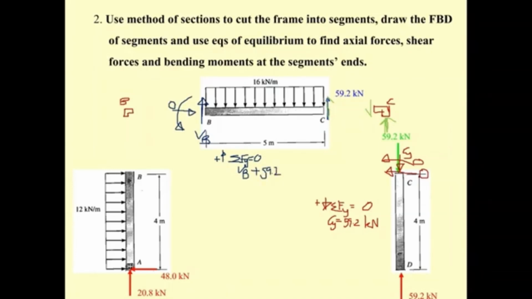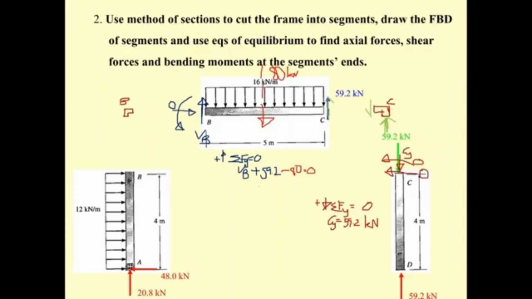If you remember the resultant force of this uniformly distributed load, the value of this is going to be 16 times 5, so 80 kilonewton, and this is downward, so minus 80, and then equal to 0.